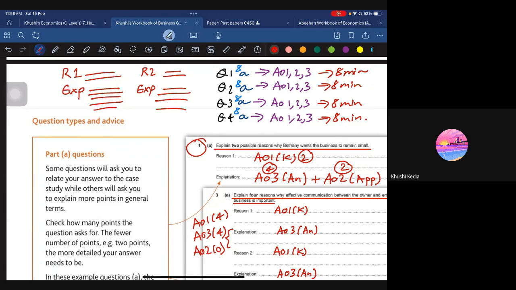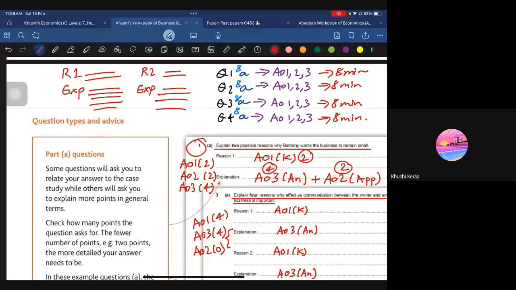But the scenario is very different when it comes to the other part, because there you will be getting 1 mark each for this. So it means that AO1 will be given a total of 2 marks, AO2 will have a total of 2 marks, and AO3 will have a total of 4 marks. But how do they write it in the marking scheme?